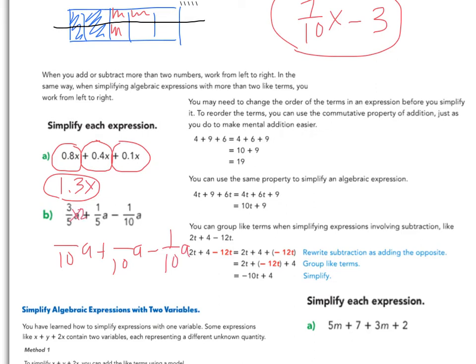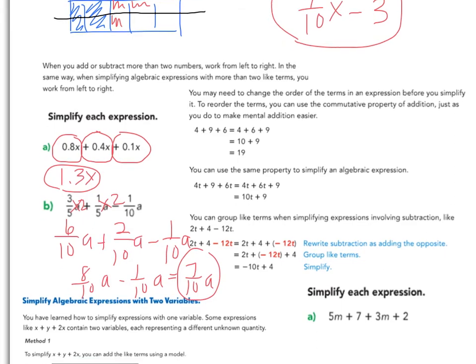So these fractions are both going to be multiplied by 2. 3 times 2 is 6. 1 times 2 is 2. So now we have 6/10 a plus 2/10 a. That's 8/10 a minus 1/10 a is going to give us 7/10 a. Okay, and they told you how you may need to change the order. That's just another example over there.